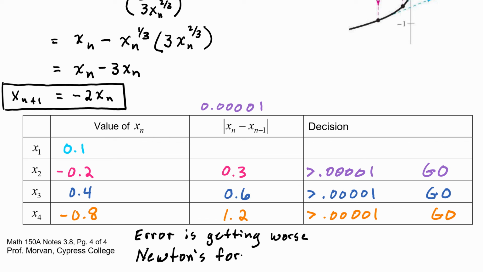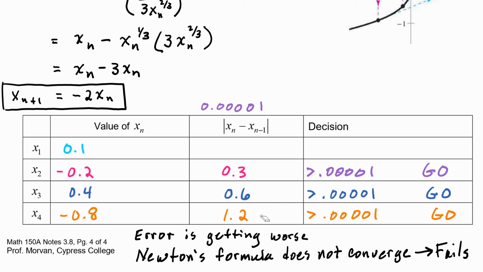So Newton's formula does not converge. And that means that Newton's method fails. So this is another example of how Newton's formula can fail because the error is getting worse as we go.